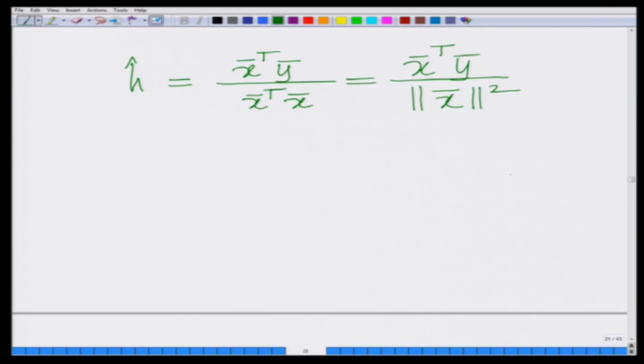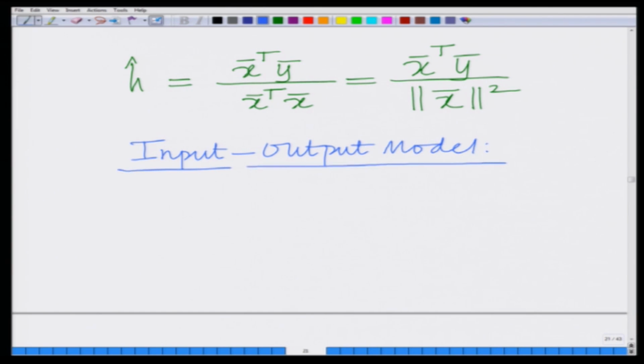Now, let us go back to our pilot input output model. Recall, it is yk equals h times xk plus vk, where yk is the observation, h is the channel coefficient, xk is the transmitted pilot symbol, and vk is the corresponding Gaussian noise sample.